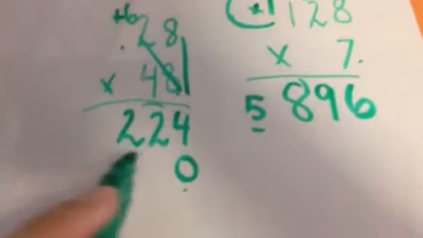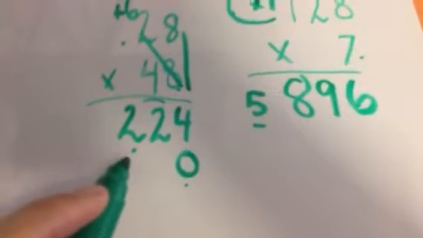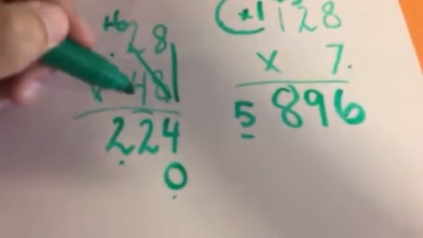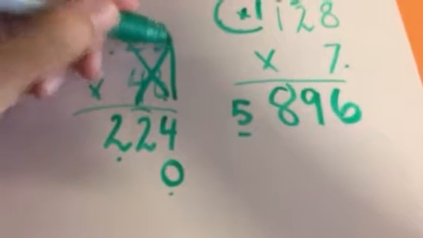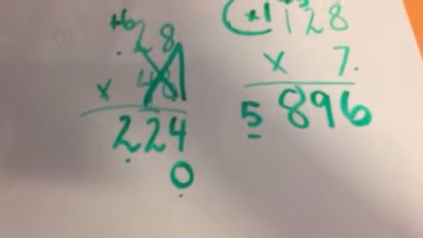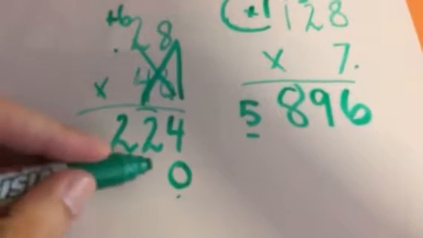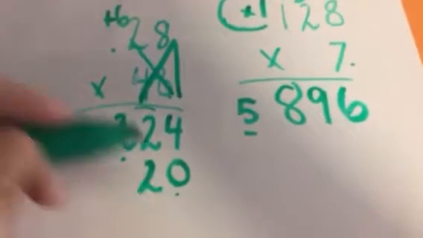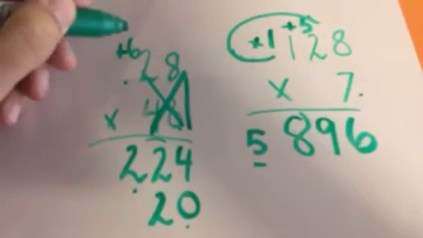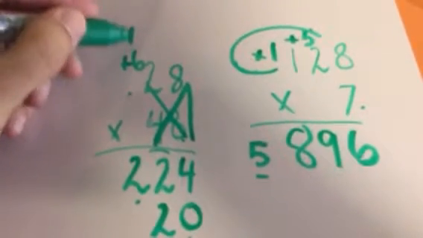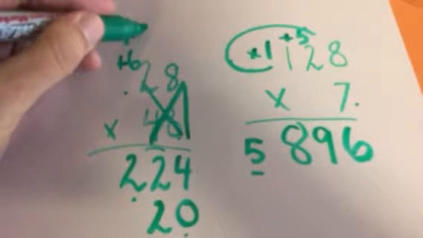So we do actually need to move over a place value. 4 times 8 is 32. Put down the 2. Carry the 3.